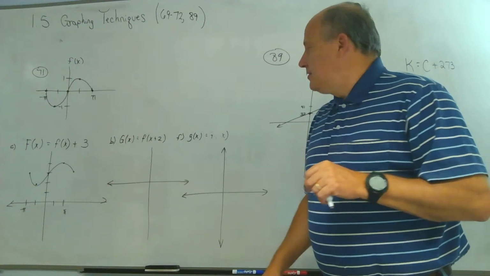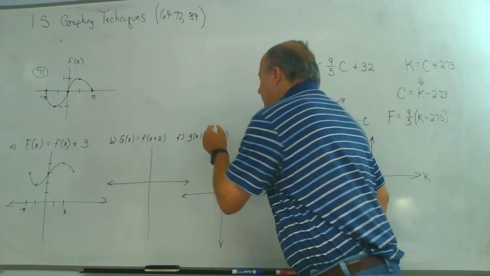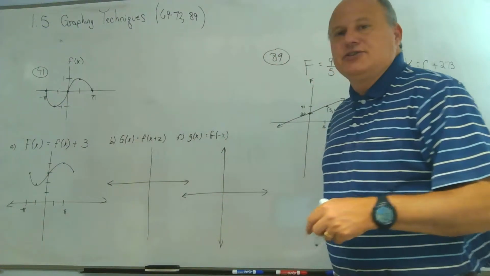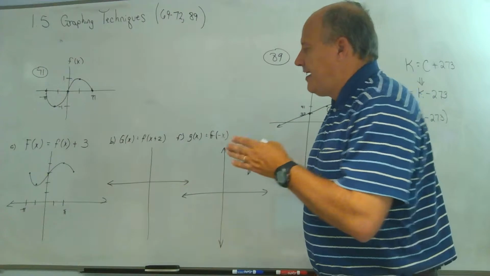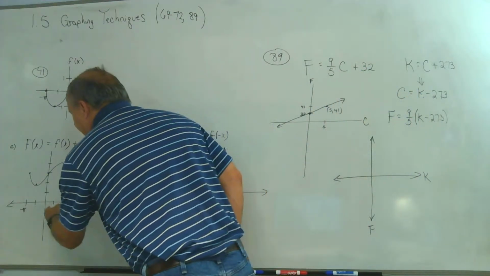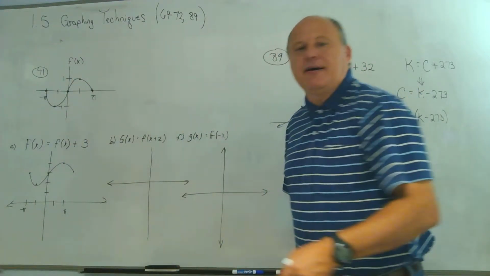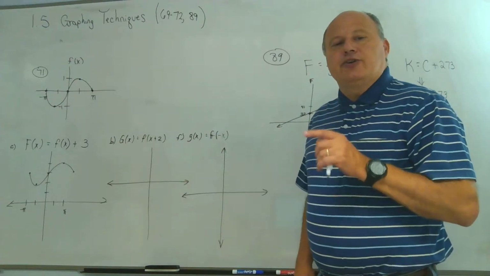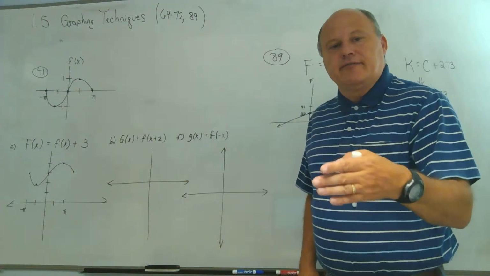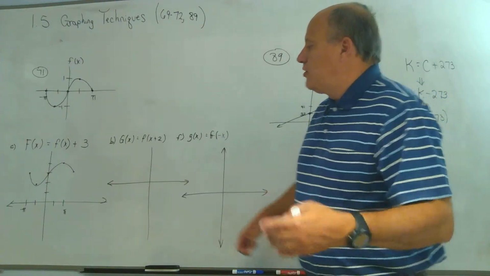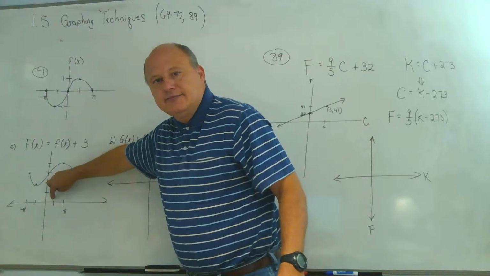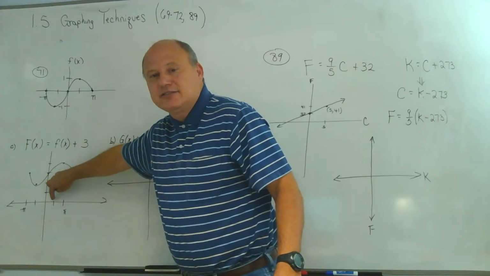Now the next one is kind of a tricky one because it's f of x plus 2, which they're not really labeled really nice for you here as it is. It's negative pi to pi. So f of x plus 2 will actually move the whole graph to the left. So if you go to the left of pi 2 units, where are you at? See, it's kind of hard to figure that out.